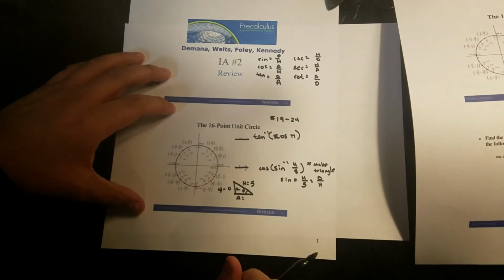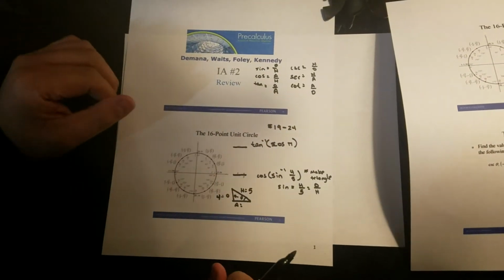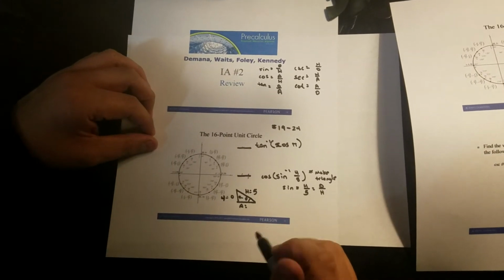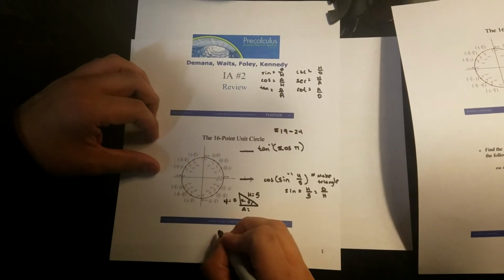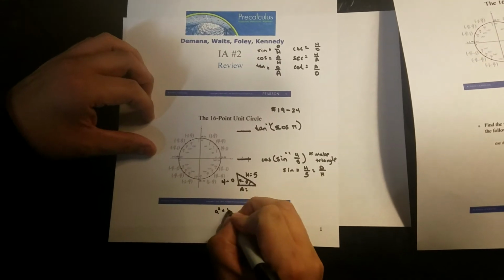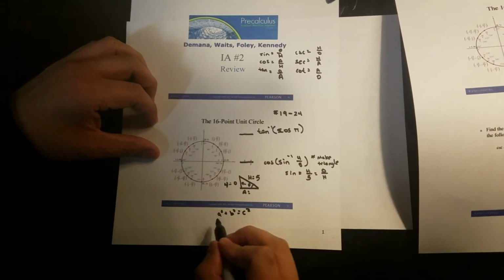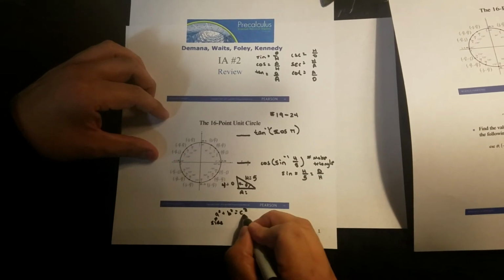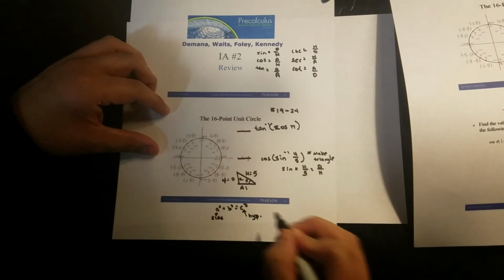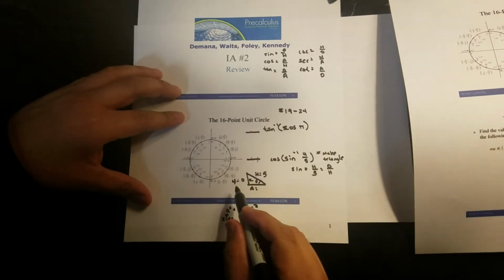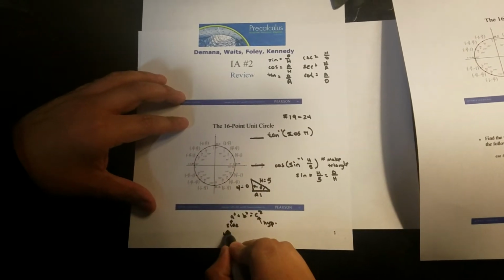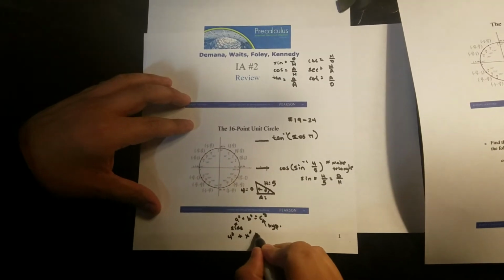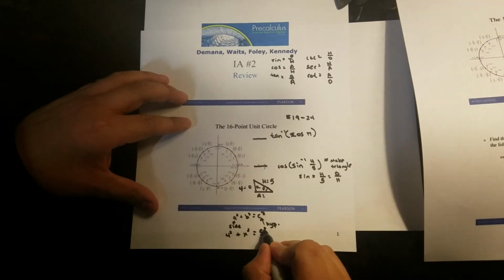Now you won't have a calculator to do any of these problems. Since this is a right triangle, you can do the Pythagorean theorem. I'm going to do it down here on the bottom. A squared plus B squared equals C squared. Remember these two right here, these are the sides, and this right here is the hypotenuse. So one of the sides is 4, so it's 4 squared, plus, I don't know what A is, so I'll call it x squared, equals 5 squared.